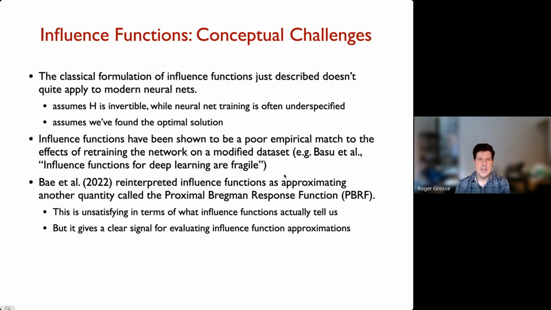This interpretation might not be so intuitive in terms of understanding what information influence functions are giving us. But it was useful because it gave us a foothold for improving the algorithms. Previously, you could try to evaluate the influence functions, but whatever you do, it'll tell you that they have essentially chance correlation with retraining the network. Whereas with this PBRF interpretation, at least we have a notion of ground truth that we can use to evaluate the approximation algorithms.